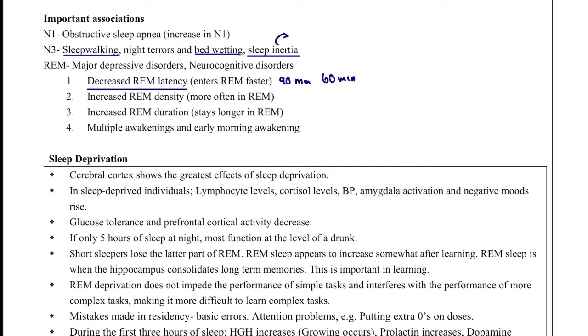You will be more often in REM. Increased REM duration. You stay longer in REM. And multiple awakenings and early morning awakening. So you go to sleep at, let's say, 9 p.m. or even if you go to sleep at 12 a.m., you will wake at 4 a.m.